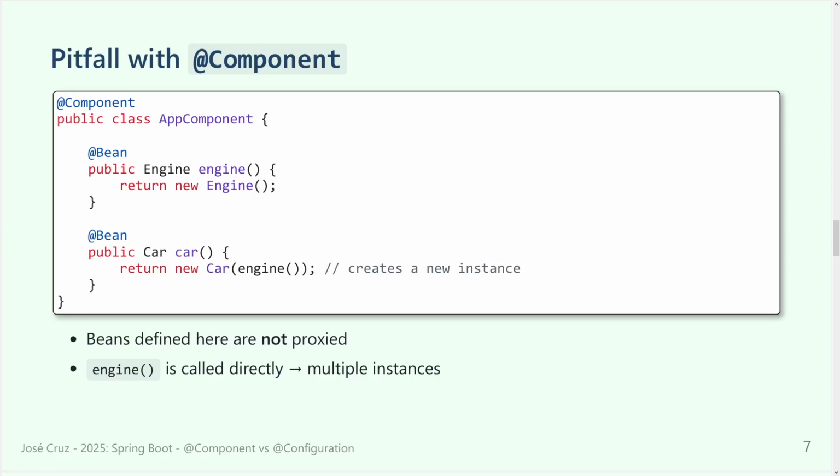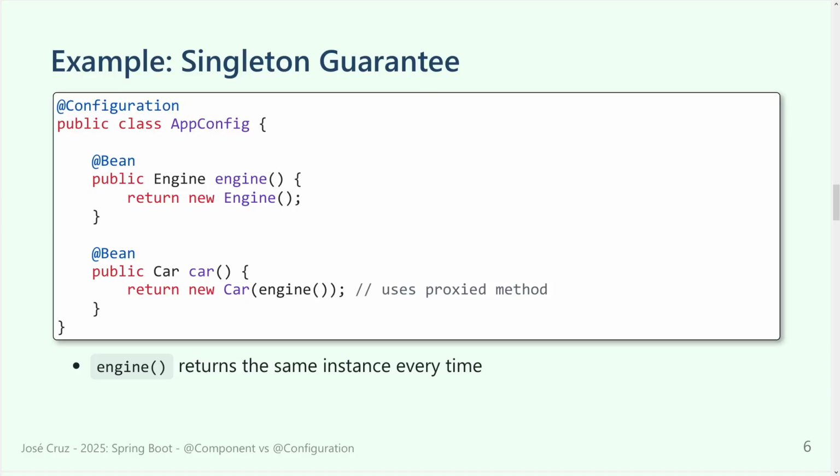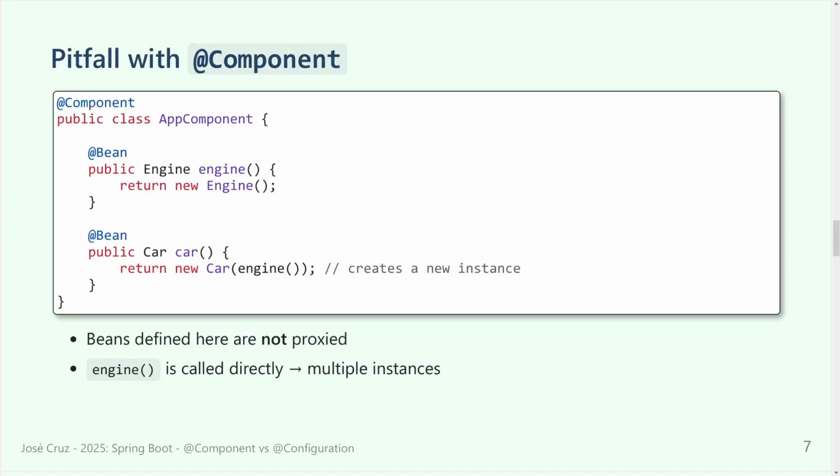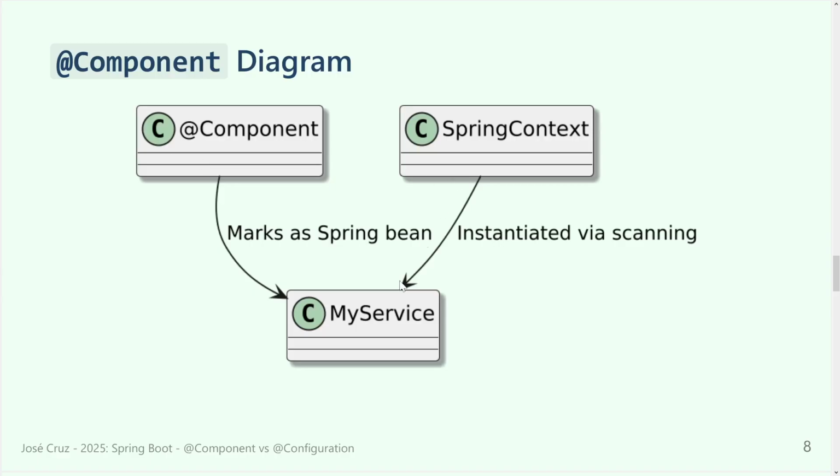And the same happens here. So if you put beans here and you put component, it will not be the same behavior as using configuration. It's different. Configuration creates proxies around it. Component doesn't create proxies. It's one of the differences between configuration and component. Okay, components are quite easy.